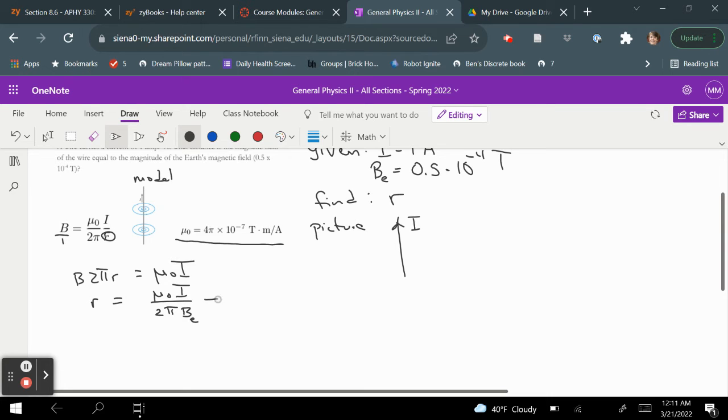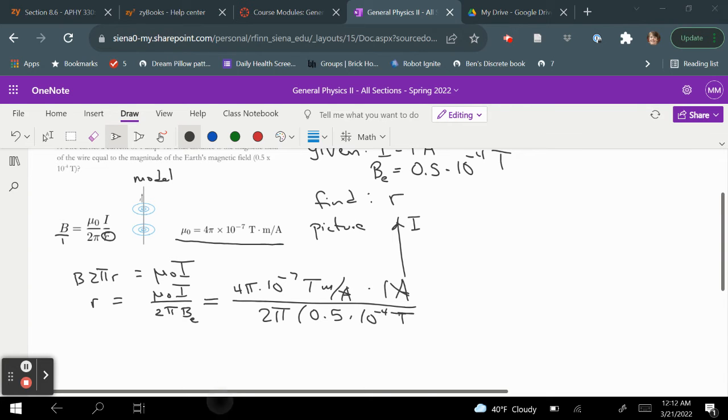So if I plug in, mu naught is 4 pi times 10 to the minus 7 Tesla meter per amp times 1 amp. So my amps cancel there. And then I have 2 pi times 0.5 times 10 to the minus 4 Tesla.